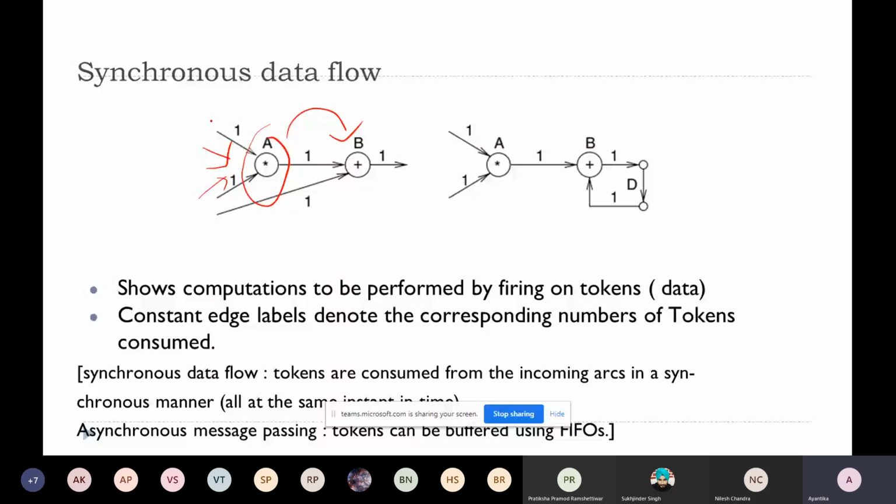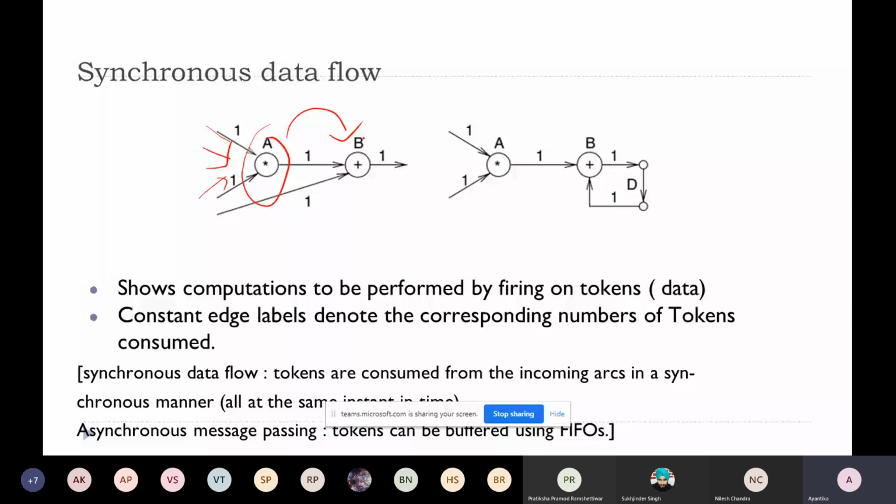If two of these inputs are both expected and they have not arrived, or if there is some event pending, this transition will be blocked. In case of asynchronous data flow, what happens? This process may generate some output that it wants to give to B, or it is updating some shared variable and putting it in a FIFO queue, which we have already discussed in our SDL discussion.